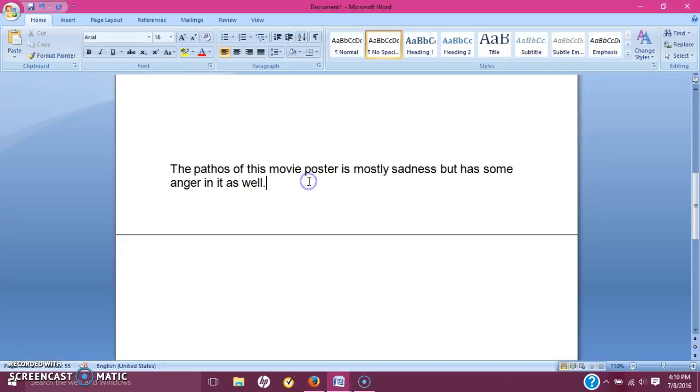So how would we change this then? It's not only a description. I don't know why this matters, the anger and the sadness, but it's also not a really strong use of the word pathos.